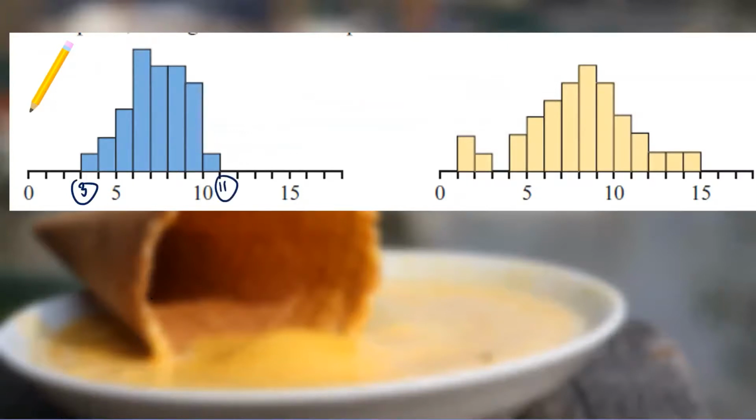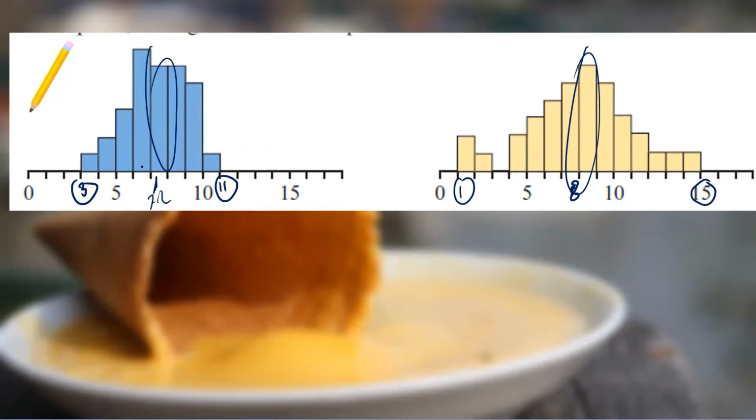Whereas this one on the right is symmetrical too, but it has a smallest value of about 1 and a largest value of about 15. Notice though that in both cases, the middle of the graph is at about 7 or 8. The middle of these graphs are at the same point, but they are both spread differently.